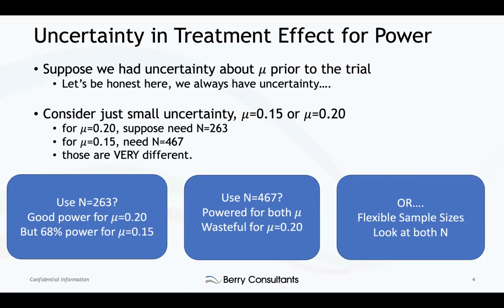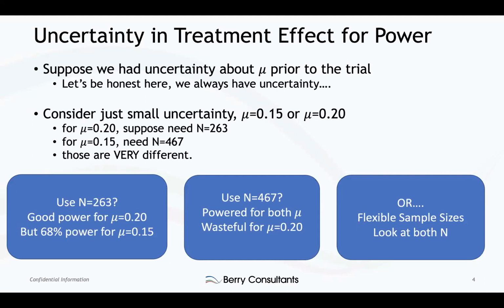On the other hand, if I do n equal 467, I'm going to be powered for both of them, well powered for 0.15, extremely well powered for 0.2. But in fact, I'm going to be wasteful for the 0.2. Those last 200 subjects are probably not needed. Maybe even the last 300 subjects might not be needed in practice. So, this could be wasteful.